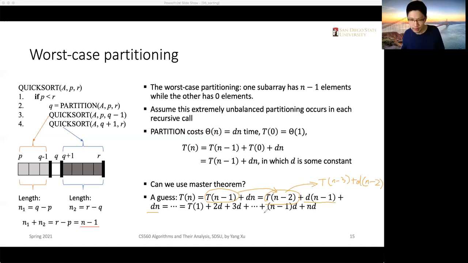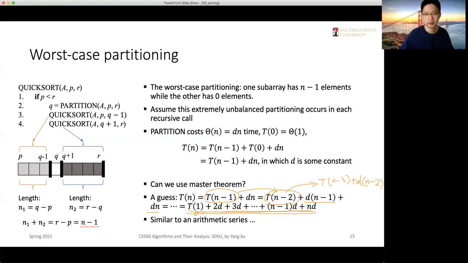We can do this all the way down to the smallest input size, which is T of 1. So when we have T of 1, we will have something appending to the equations. So this series is something solvable. It is very similar to the arithmetic series. Okay, so that means we can directly solve it.